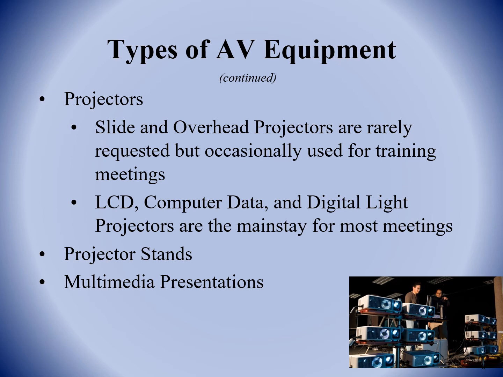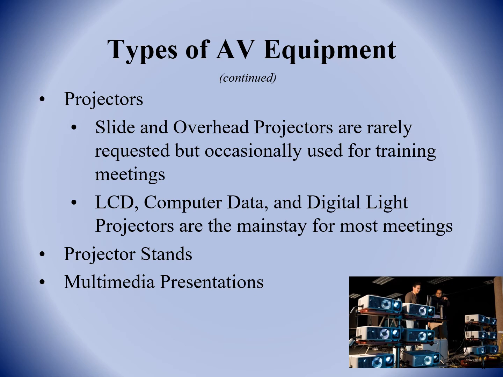This picture right here gives you an example of rear projection, and so these projectors here are actually positioned behind the screen, and then they project the image onto the screen from behind. That's going to help alleviate anybody walking in front of a projector and having their shadow cast on the screen.